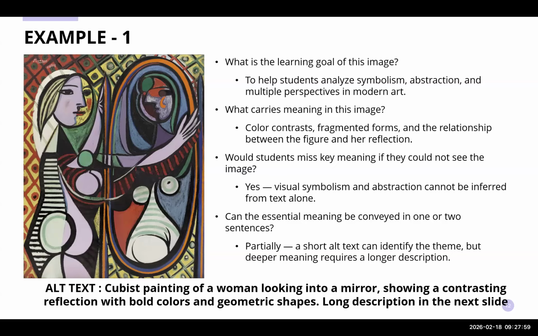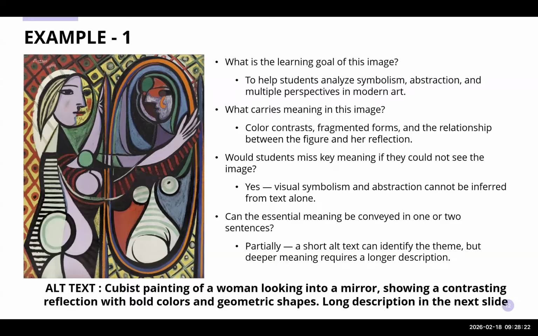Well, you probably want your students to analyze things like symbolism and how Cubism uses multiple perspectives. Now, if a student cannot see the fragmented forms or the intense colors, or contrast between the woman and her reflection, they are definitely missing the heart of the lesson.